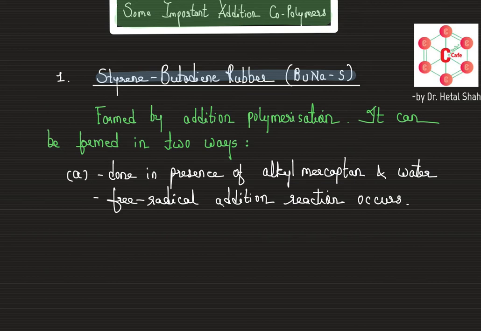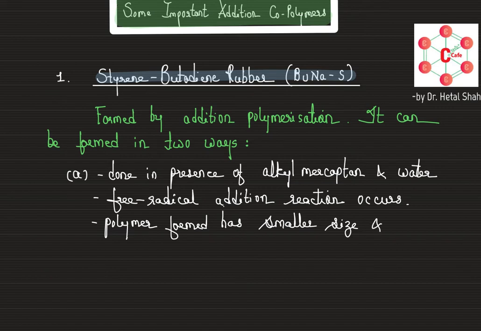So a free radical addition reaction occurs, and the polymer which is formed has smaller size and is more viscous. Thus we say an emulsion gets formed ideally.